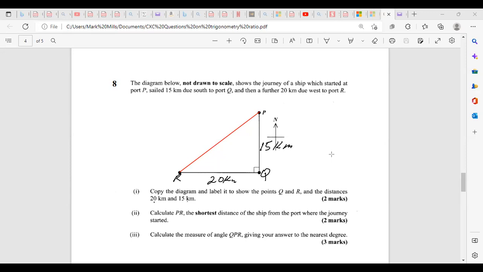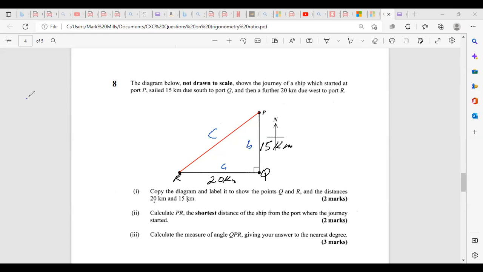Sir, use Pythagoras. We use the Pythagoras theorem, right? For me to use the Pythagoras theorem, we name this as C, and A and B.